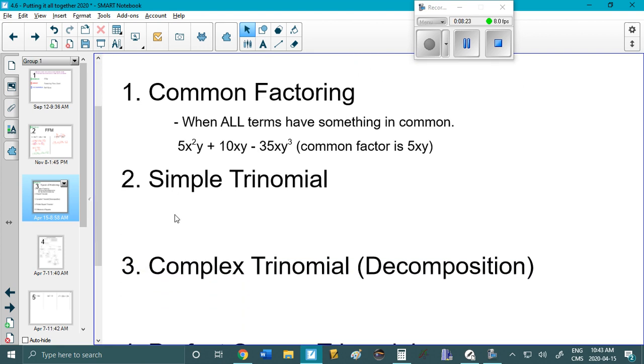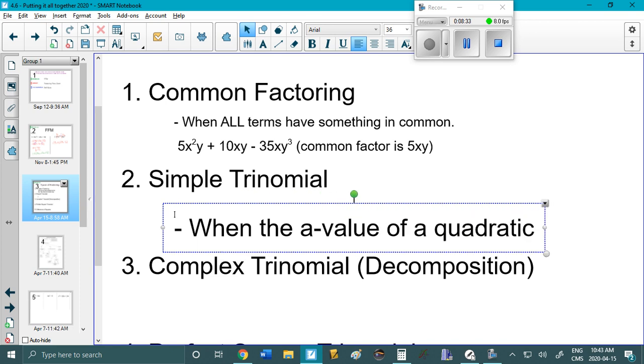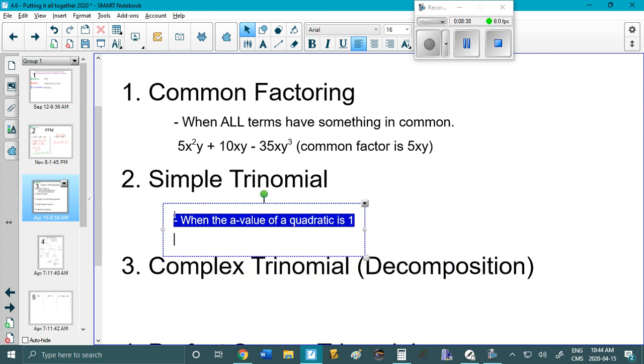Simple trinomial factoring. This is when the a value of a quadratic is 1. An example of this would be x squared plus, well, let's make it a little harder than that, minus 3x minus 18.